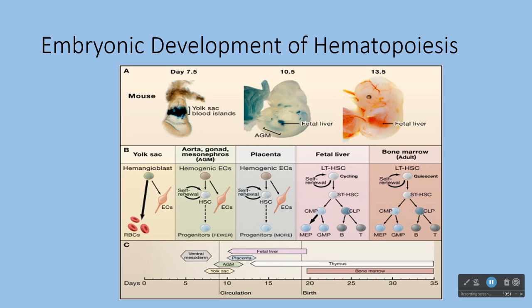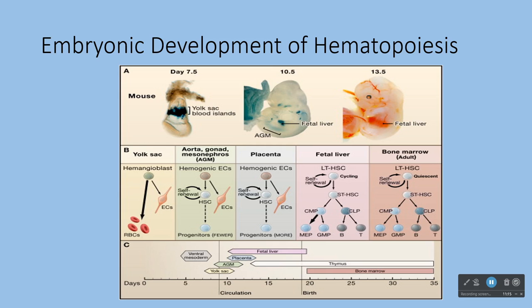But as we go, one thing that's not mentioned in the embryonic form of hematopoiesis is the spleen. But the spleen does play a role, even though it's not made mention of on this chart, in the embryo as it does in the adult.